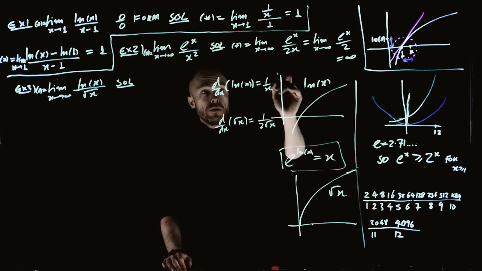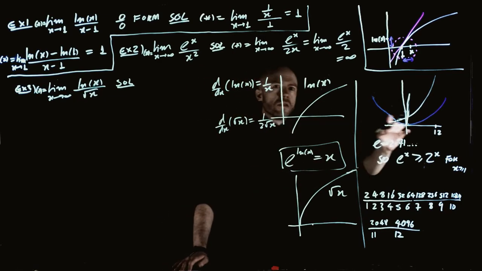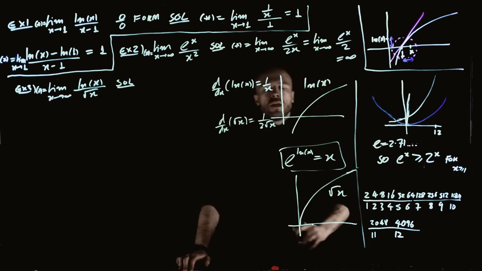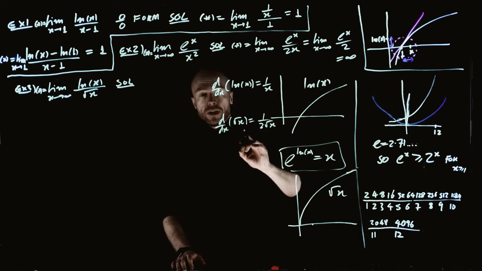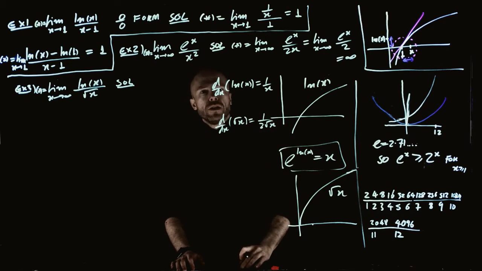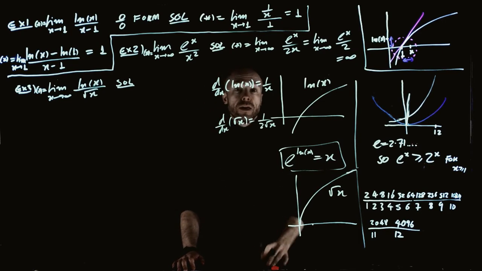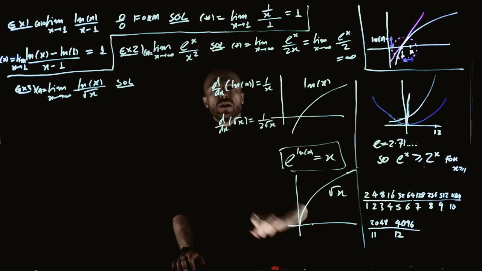So the velocity of log is like this. It starts off at speed 1 and it goes slower and slower and slower. And this guy starts off at speed 1/2 and it's also going slower, but for very, very large x, it is much less slow than this thing, right? So for very large x, this is a much bigger number than this thing.